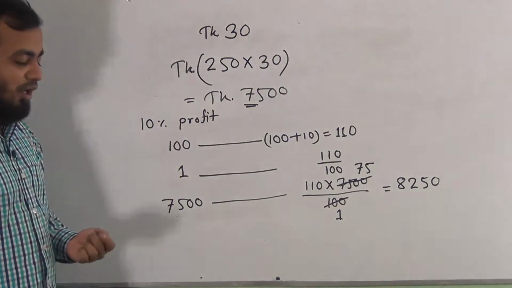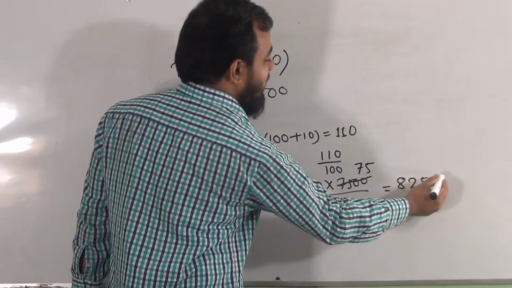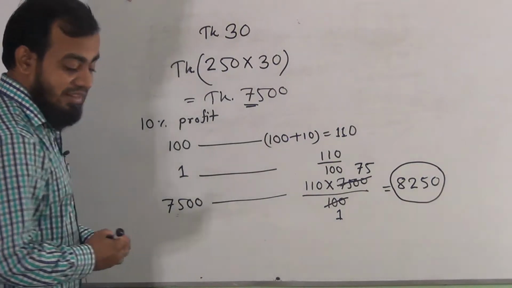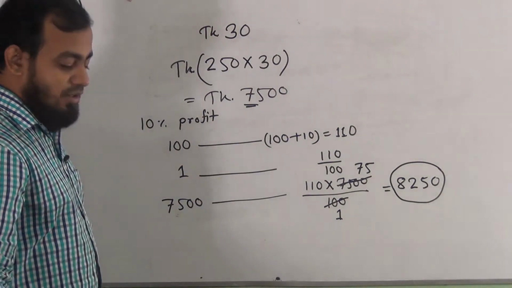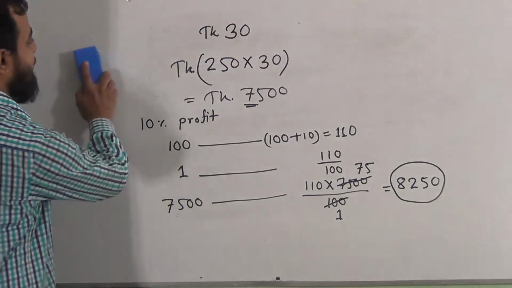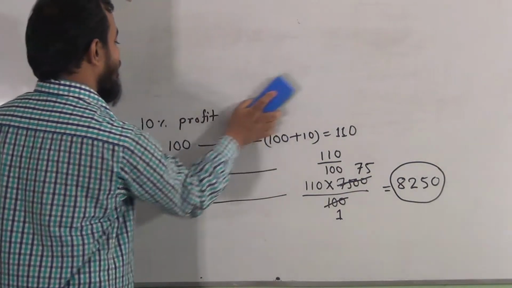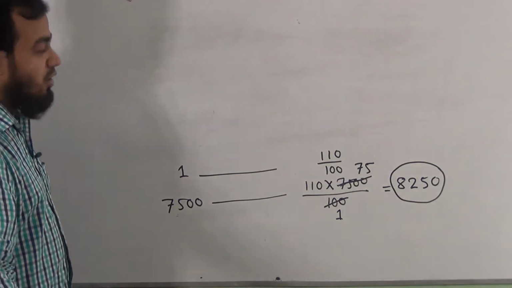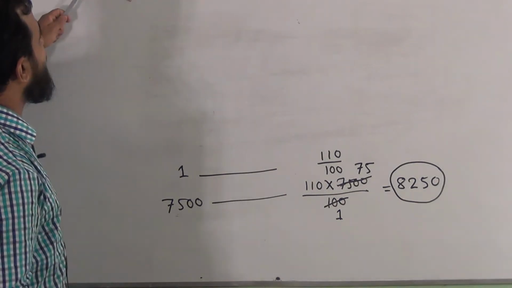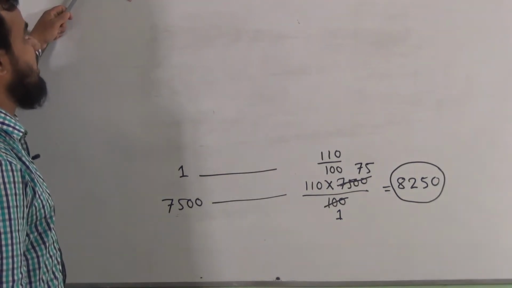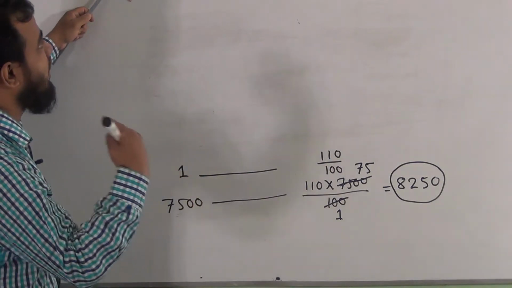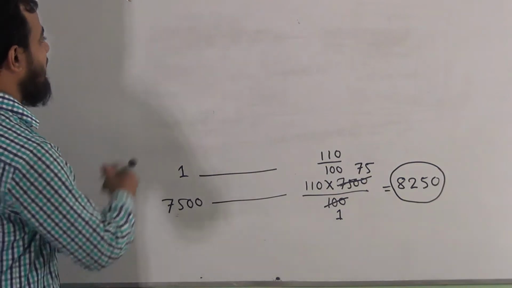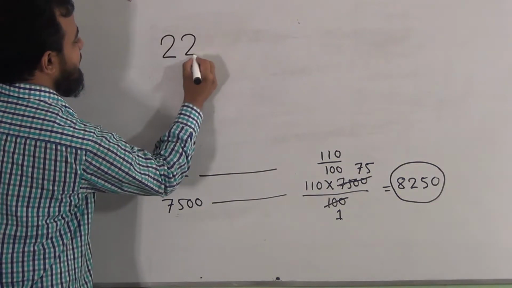Okay, now this is the selling price of how many mangoes? This is the main thing. 8,250 taka is the selling price of how many mangoes? No, there are not 250 mangoes now. We bought 250 mangoes, but 25 mangoes have already rotted. That means we now have only 225 mangoes.